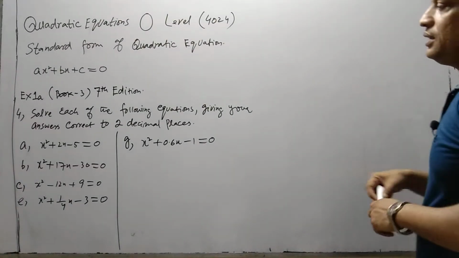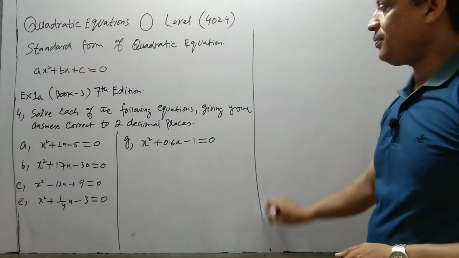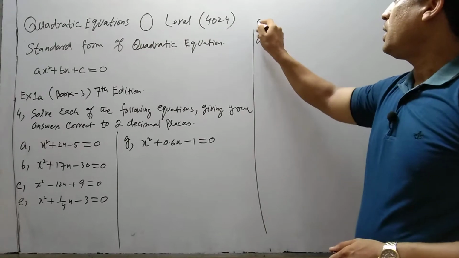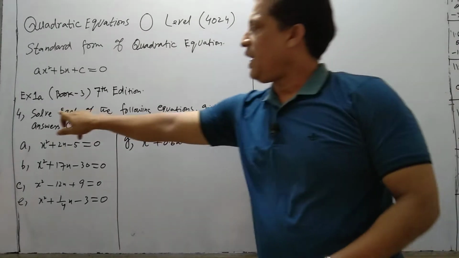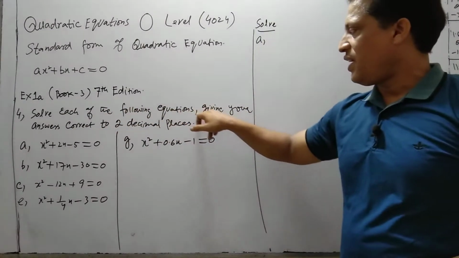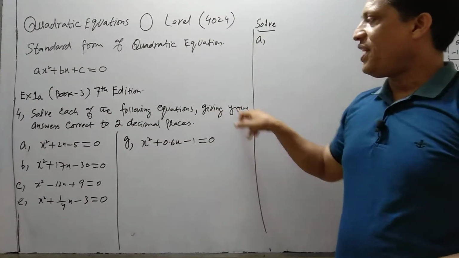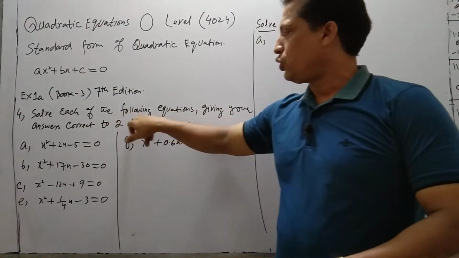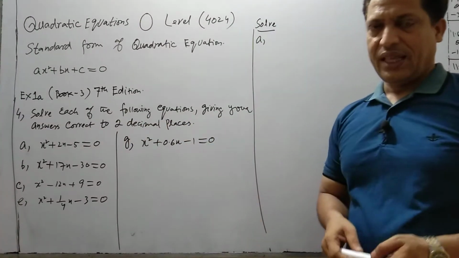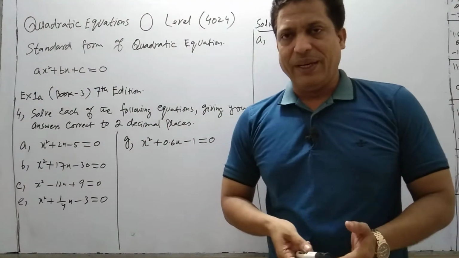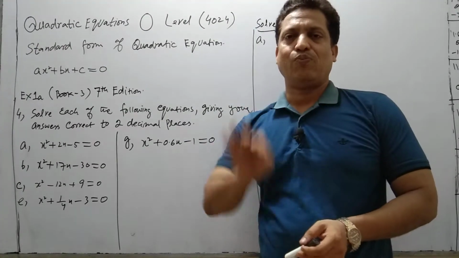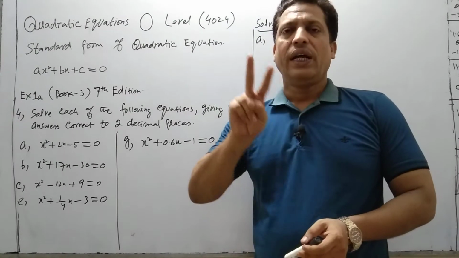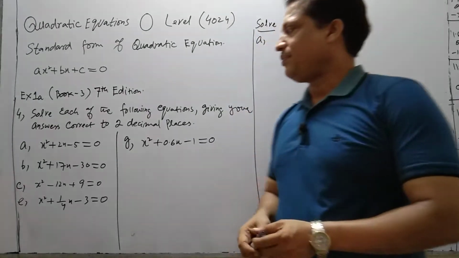Have a look. Part A. The question is the same. Solve each of the following equations giving your answer correct to 2 decimal places. Write the answer to 2 decimal places after the point.